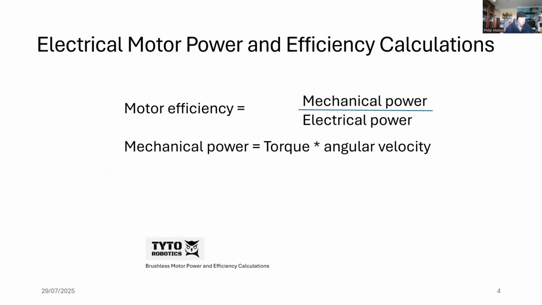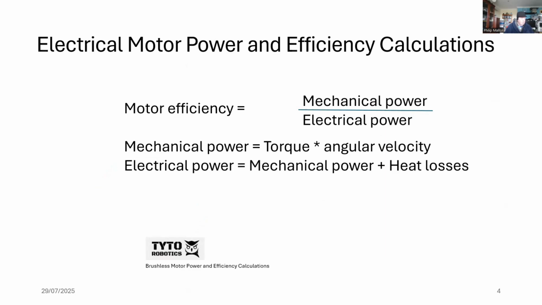Mechanical power is torque times angular velocity, and the electrical power includes the mechanical power plus the heat losses in the resistance of the motor coil, and that equals I squared R, I being current, and R the resistance of the coil.